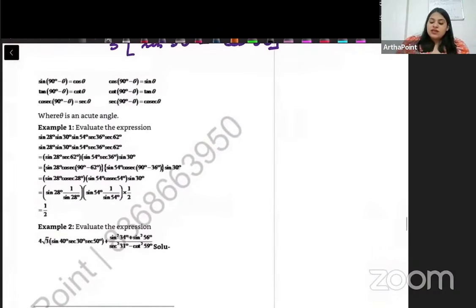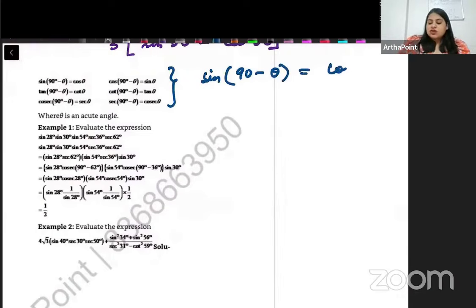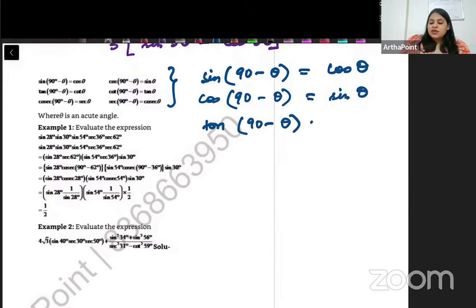So these are some of the other identities that you should remember. Beta, sine 90 minus theta is cos theta. Cos 90 minus theta is sine theta. Tan 90 minus theta is cot theta.